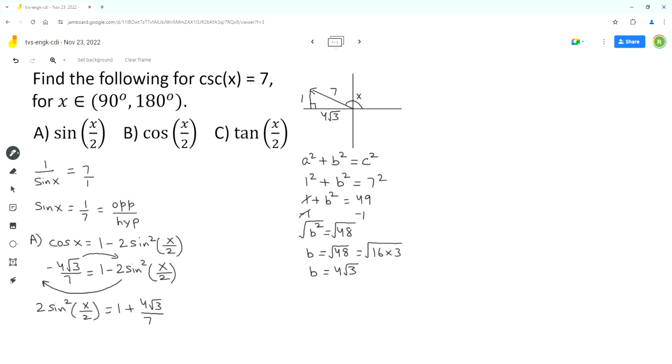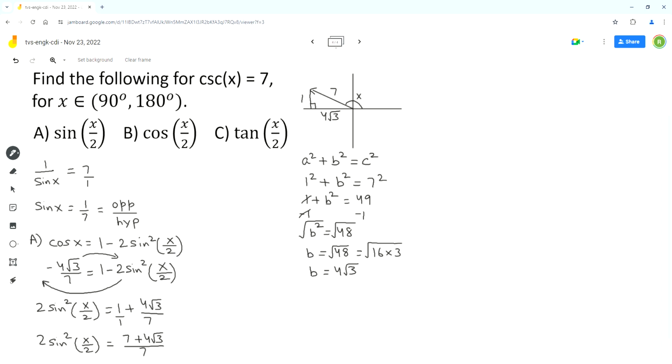The denominator of 1 is 1. We can combine the fractions by finding the common denominator, which is 7. So 1 over 1 becomes 7 over 7. So we get 7 plus 4 square root 3 over 7.